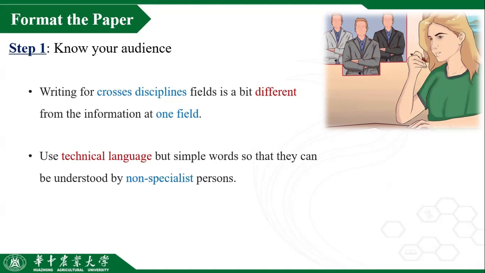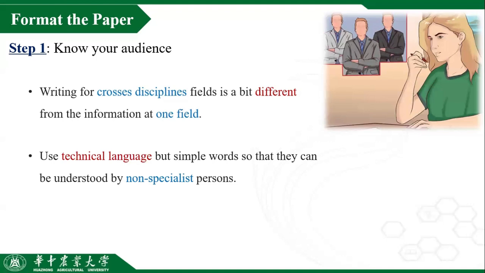Also, if your work includes more than one field, for sure, every paper should include more than one field. For example, if someone is working in genes, maybe he will do experiments related to biochemistry. He will do experiments related to molecular biology, like this.